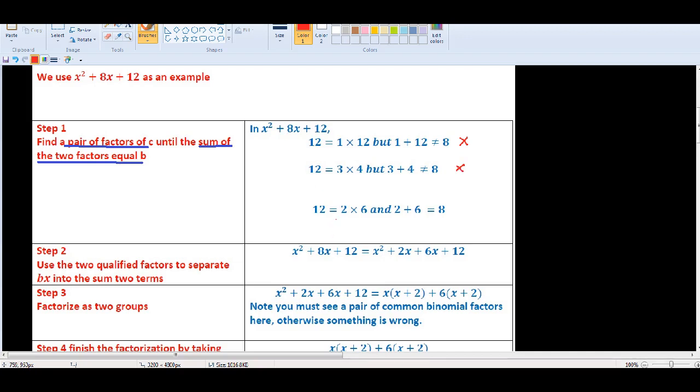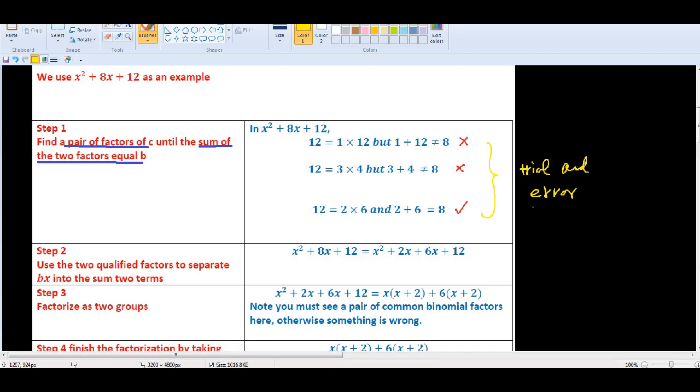The third attempt, we think of 12 as 2 times 6, and then we check whether 2 plus 6 is 8. Yes. All these things are what we call trial and error. You need to try.